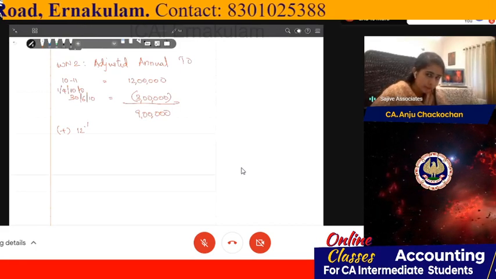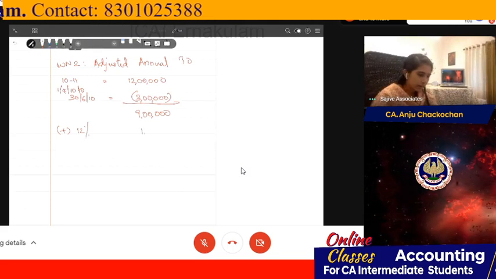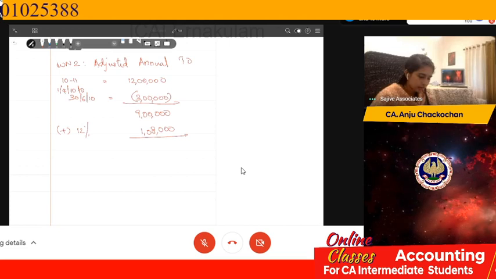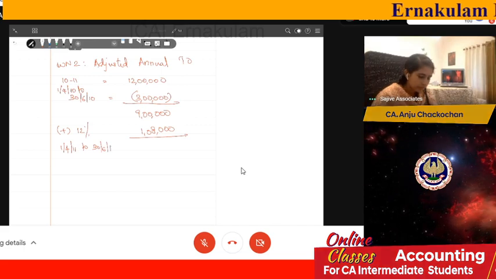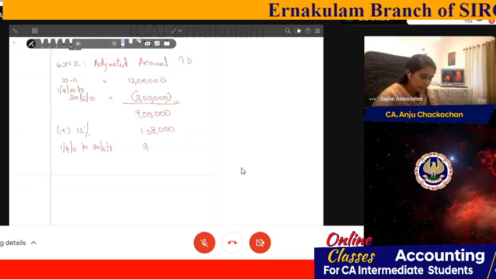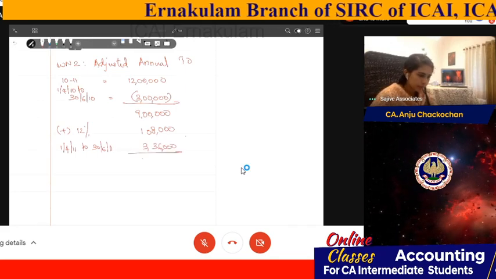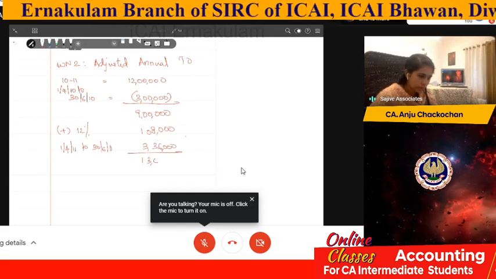For the current year, it is already trend adjusted, so you don't have to do that. This is the adjusted annual turnover.